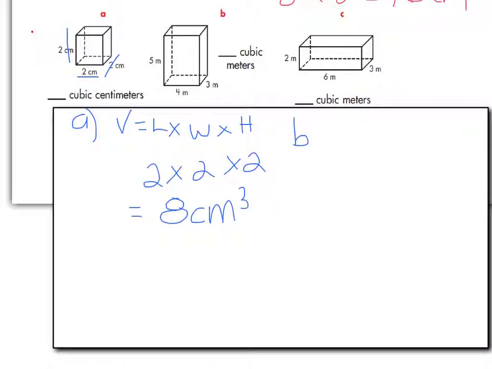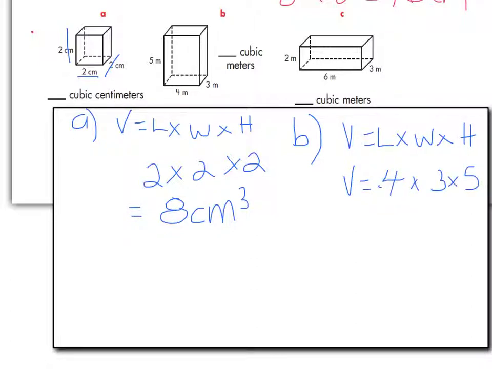For B, again, volume equals length times width times height. So then our volume is going to be, actually, if we were talking about the proper length, it should be 4 times 3 times 5.